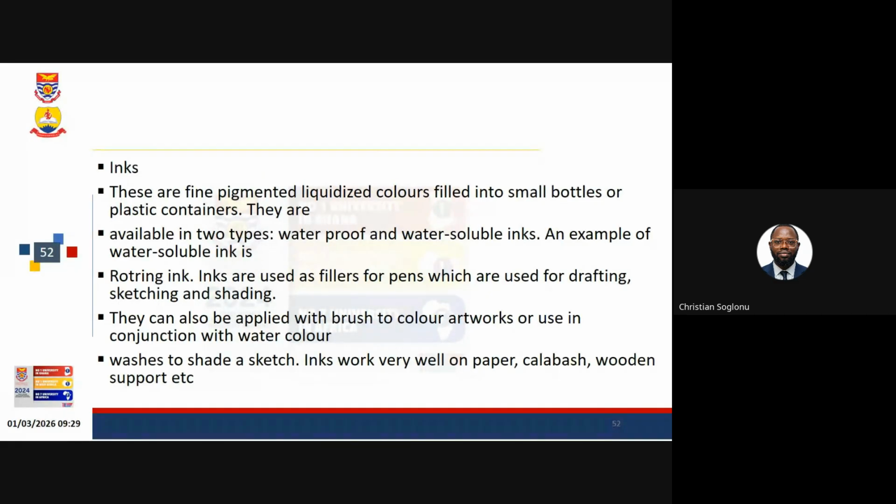Inks. They are fine pigments, liquidized colors in small bottles and plastic containers. They are available in two types: waterproof and water-soluble ink. An example of water-soluble ink is rotary ink.